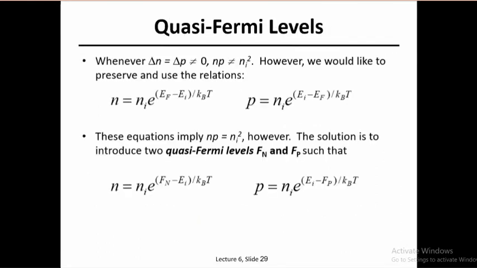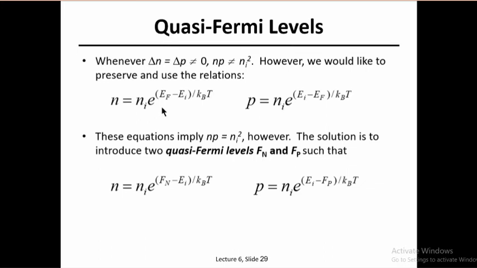Sorry, let's go back. Okay, so when delta n equals delta p, but they are not equal to 0, this implies that np does not equal ni squared. In this case, it means that we don't have a uniformly doped material. So since np does not equal ni squared, how can I write this equation relating to ni?